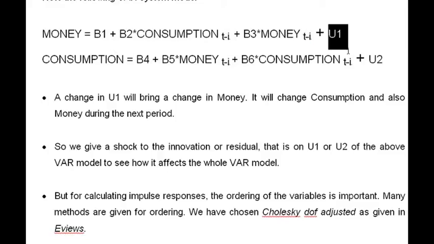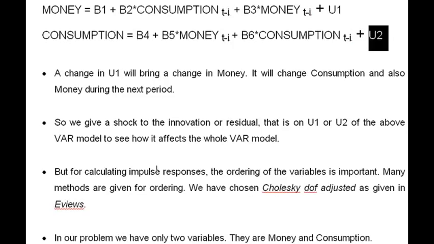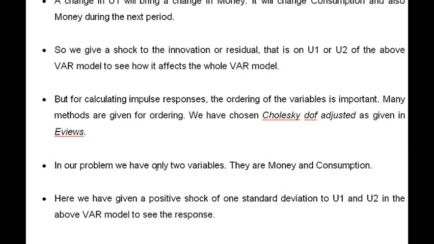Or in other way, we have also given a 1 standard deviation shock to U2 to check how consumption and money react to each other. That is our plan to check finally.